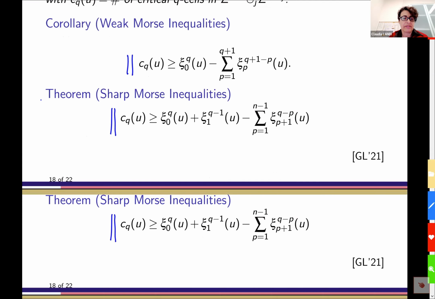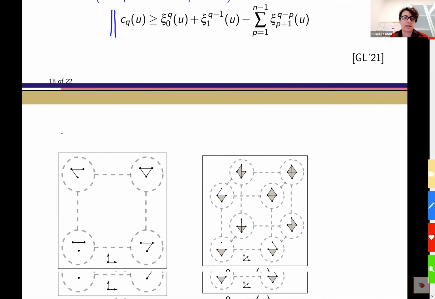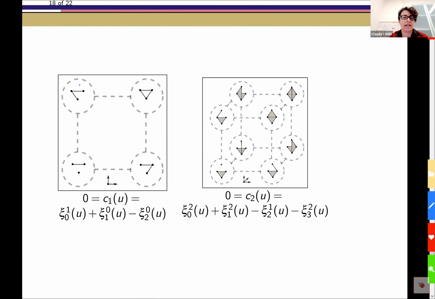And indeed, we have a construction that works in any number of parameters that allows us to show that there is an equality between the number of cells that enter the filtration and the sum with the sign of the Betti tables.